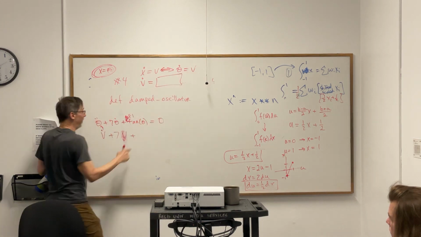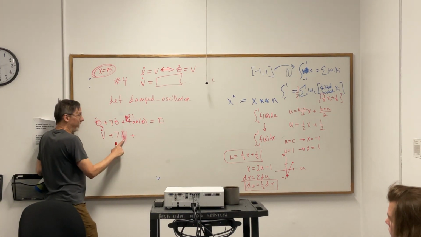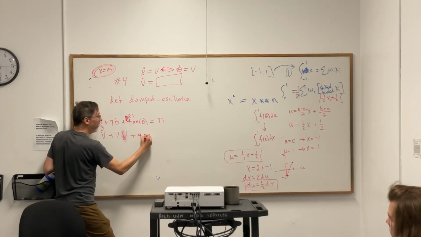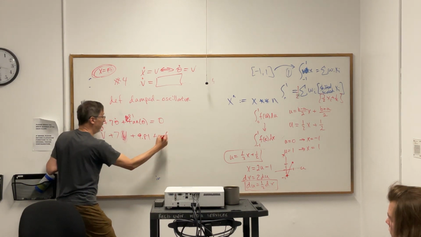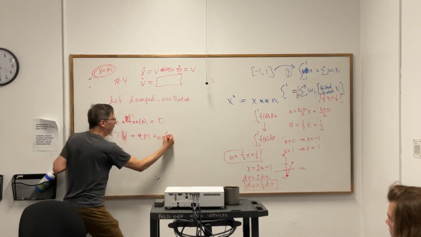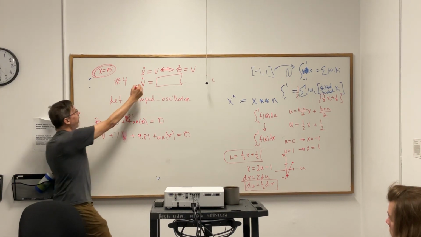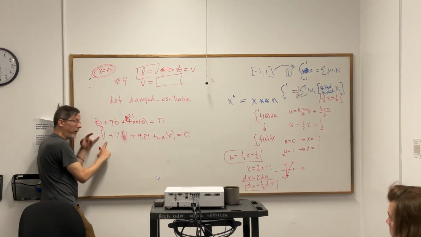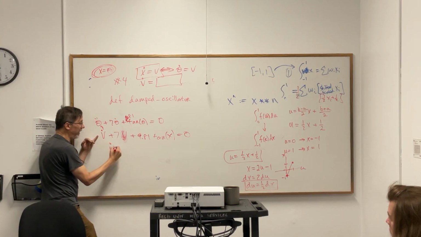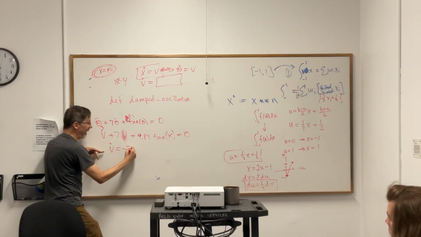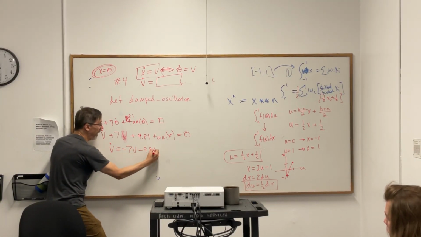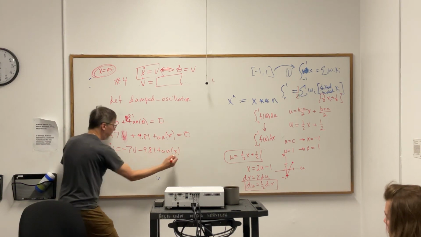So theta dot is V, and so this theta dot becomes this V, but then this will be 9.81 tangent of theta, which is x, there we go, equals 0. So your first equation is this. Your second equation comes from here when you solve for V dot. You're going to get V dot equals negative 7V minus 9.81 tangent of x.